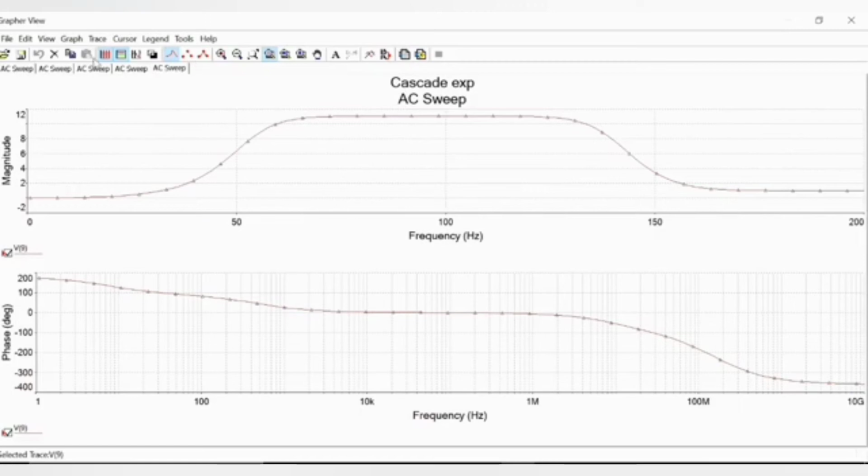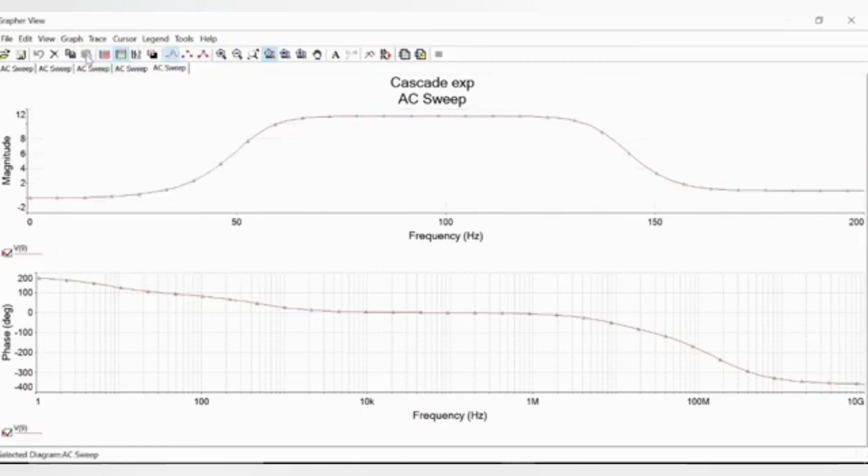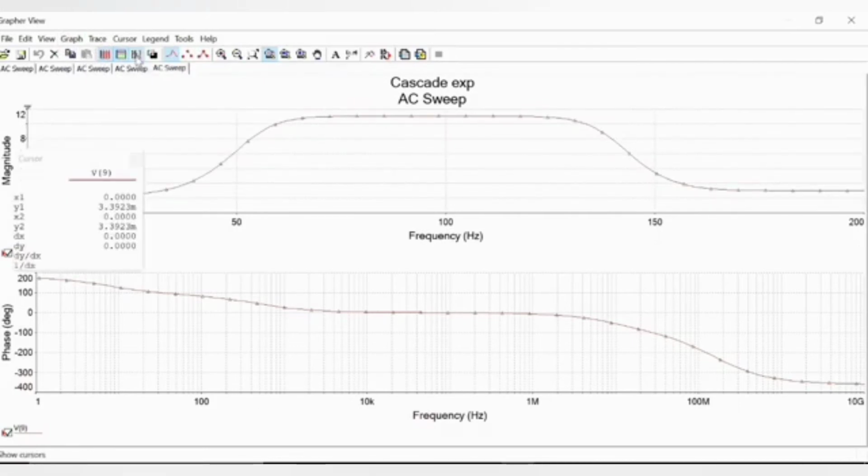For this, I am going to calculate the bandwidth and the gain. So I got the grid here, and now I'm going to show the cursor.